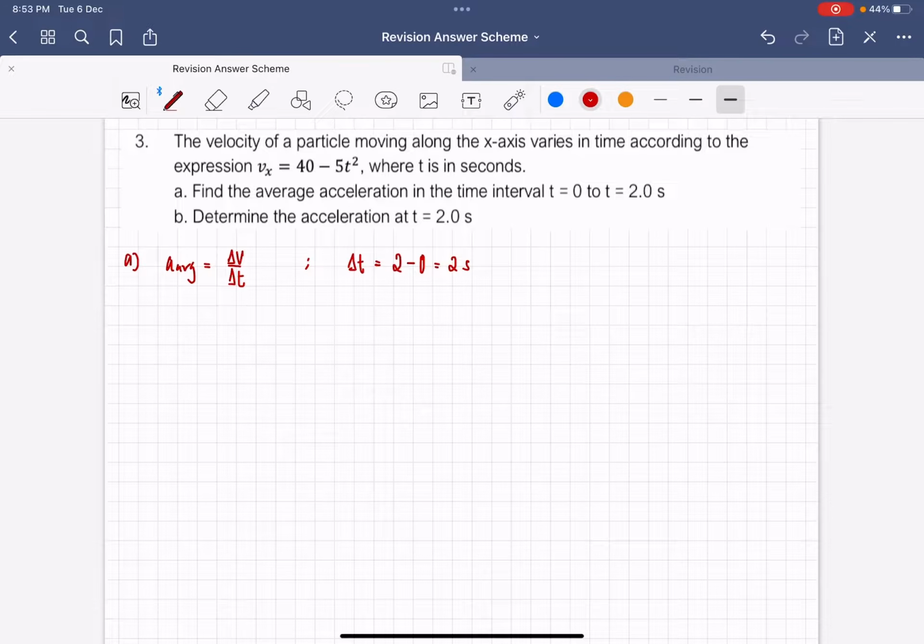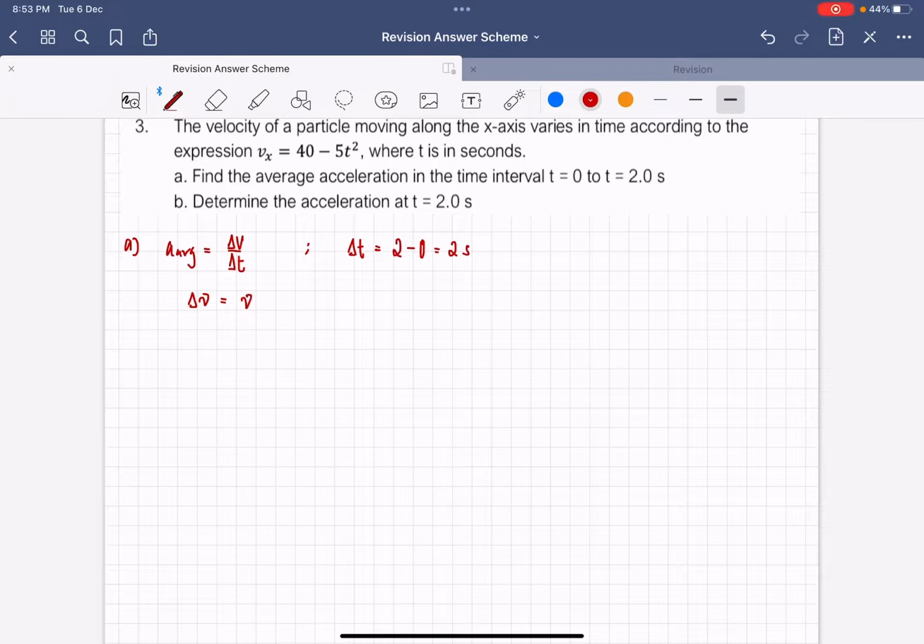Okay, delta V, we need to calculate the velocity at 2 seconds minus the velocity at 0 seconds.